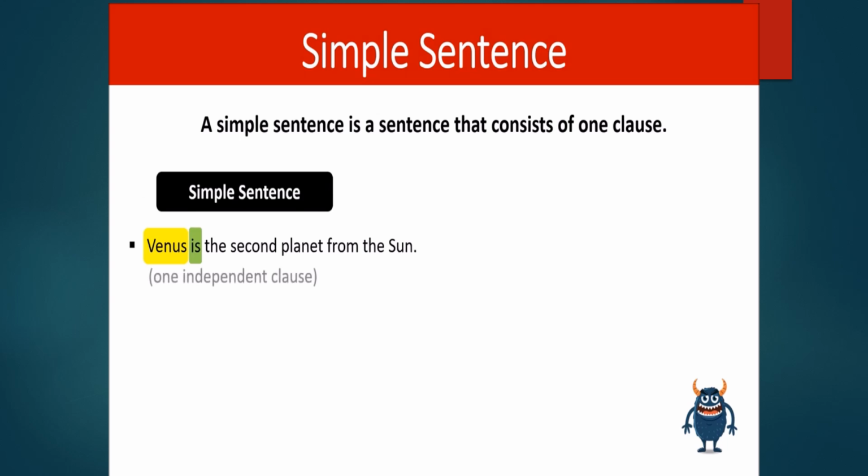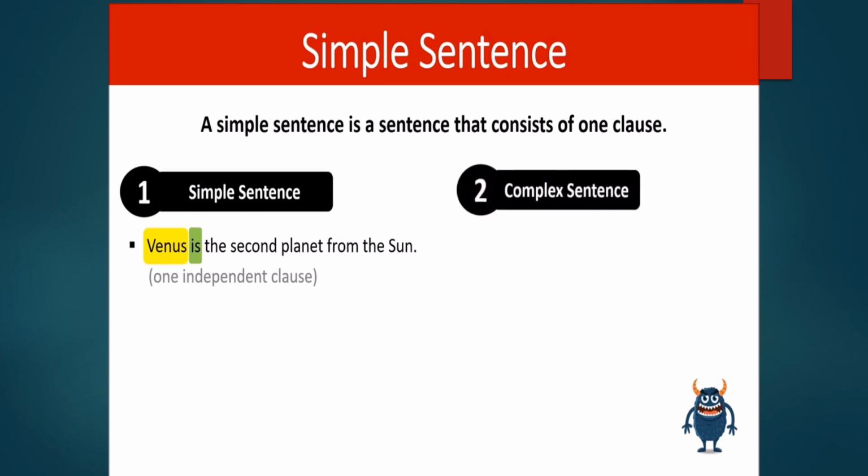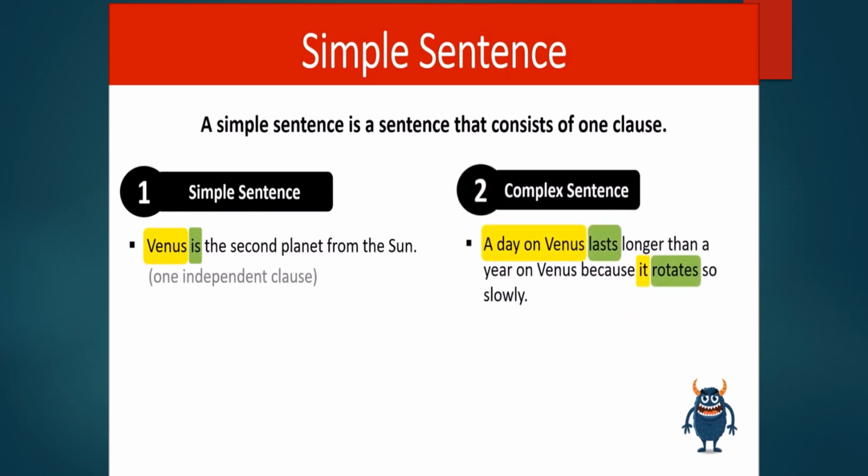But that's just one type of sentence. We also touched upon complex sentences. Here is an example again about Venus. A day on Venus lasts longer than a year on Venus because it rotates so slowly. Well, a day on Venus is our first subject. It is the subject of the verb lasts. But have a look, we have another subject, the word it.